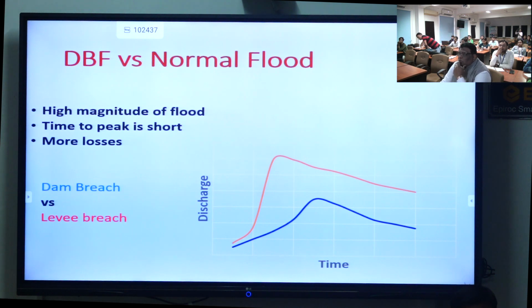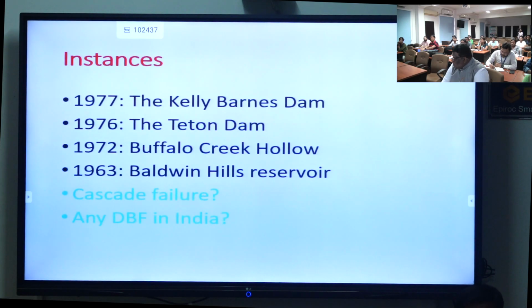The river is coming from Nepal and the Kosi barrage is in Nepal, but Indian engineers are in charge of its maintenance. But unfortunately, on the side it broke. So it was a levee breach. So in literature, usually we find dam break flow and levee breach flow. We treat them as equivalent. Okay, next.